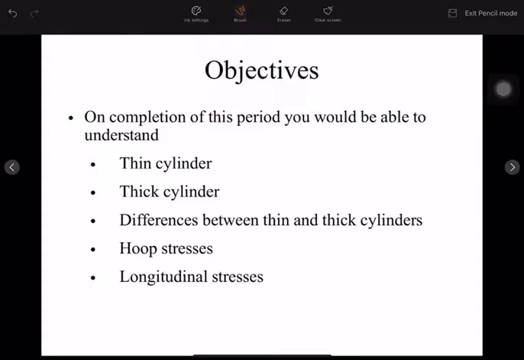First, we discuss what is meant by a thin cylinder and what is meant by a thick cylinder, the basic differences between a thin cylinder and a thick cylinder, and the most important part of this topic, hoop stresses and longitudinal stresses, and how we can calculate them in analyzing a particular cylinder.